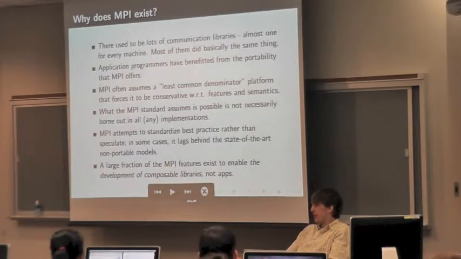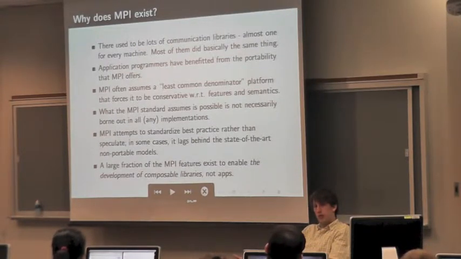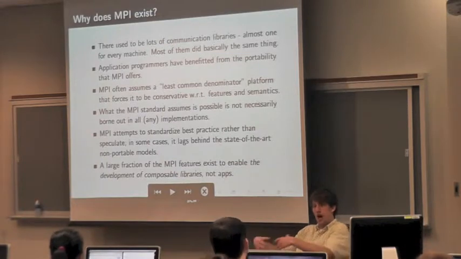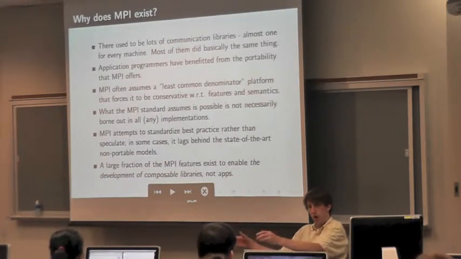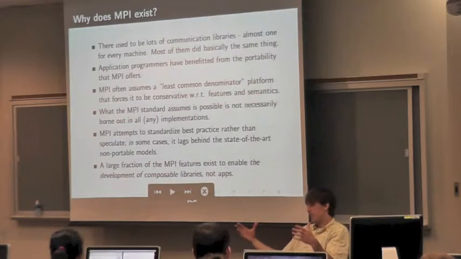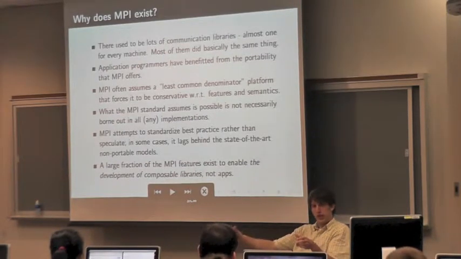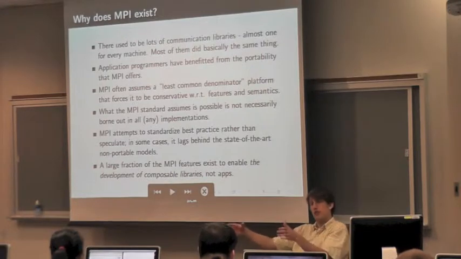But the point is, MPI doesn't provide things that don't work on some machines. So if there's a really exotic, amazing feature of one supercomputer, MPI is not going to go running after it. Now, if all of a sudden they discover that 80% of the machines support something well, and the other 20% can do it if they have to, that becomes eligible for support in MPI.